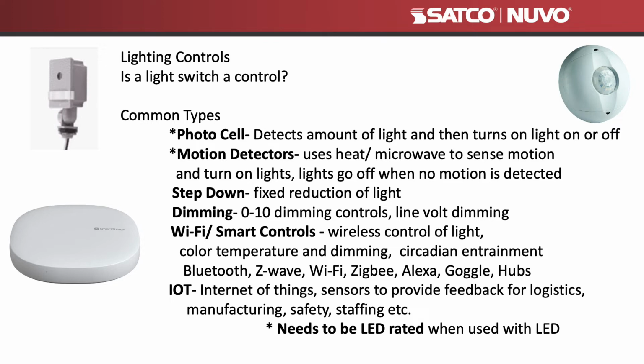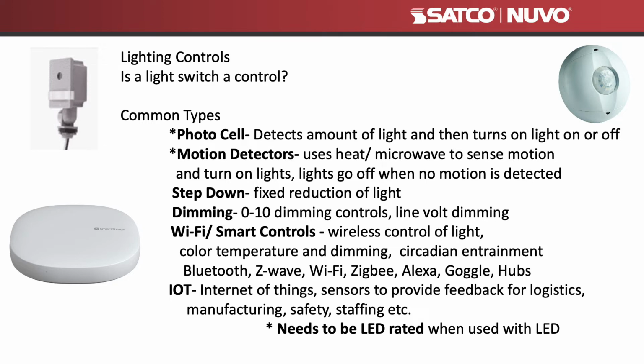And there are many ways to utilize many of the controls that are out there. Bluetooth is one method, Z-Wave, Wi-Fi, Zigbee, Alexa, Google, and any type of hub. These are all smart controls and a communication path to get a light fixture to reduce energy or do something when it's needed and not just on all the time.